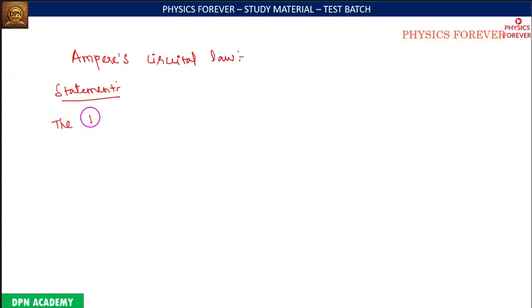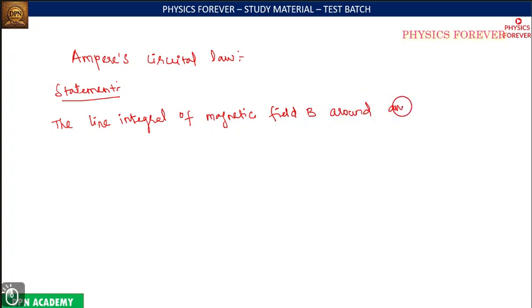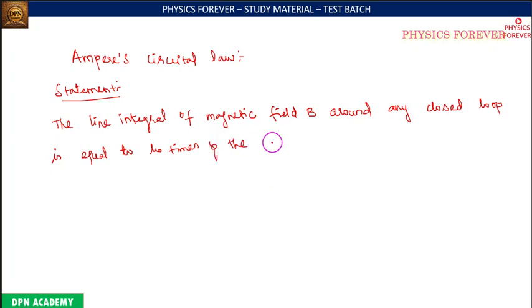The line integral of magnetic field B around any closed loop is equal to mu naught times the total current enclosed by the loop. When we write it mathematically you can easily understand the statement.